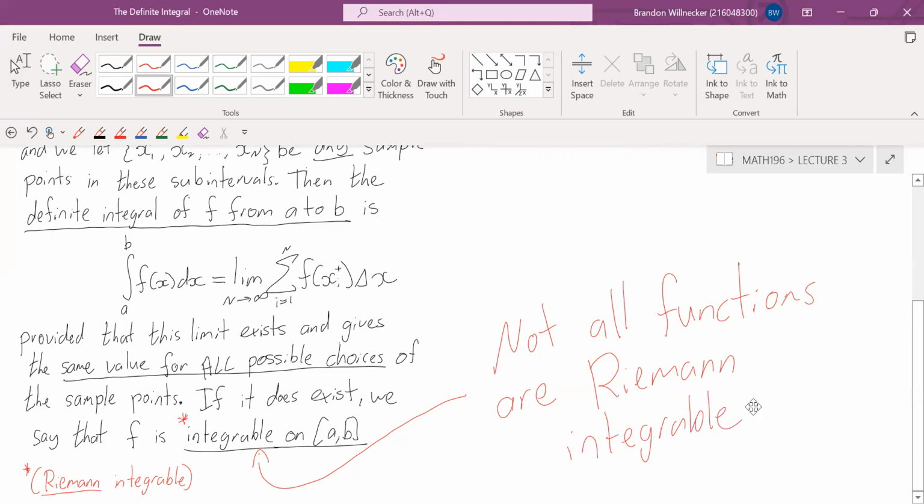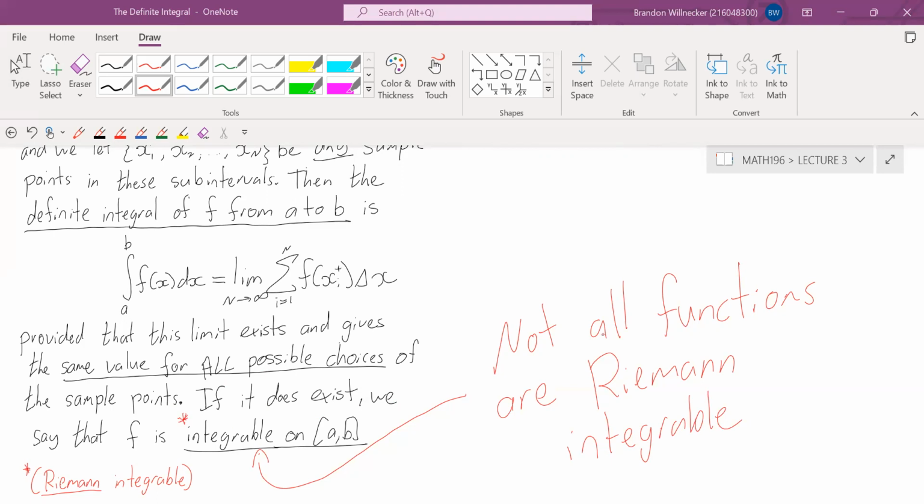So there's only a subset of functions that we can define a definite integral for. And we will see some examples of functions that can be integrated and some that can't be integrated.